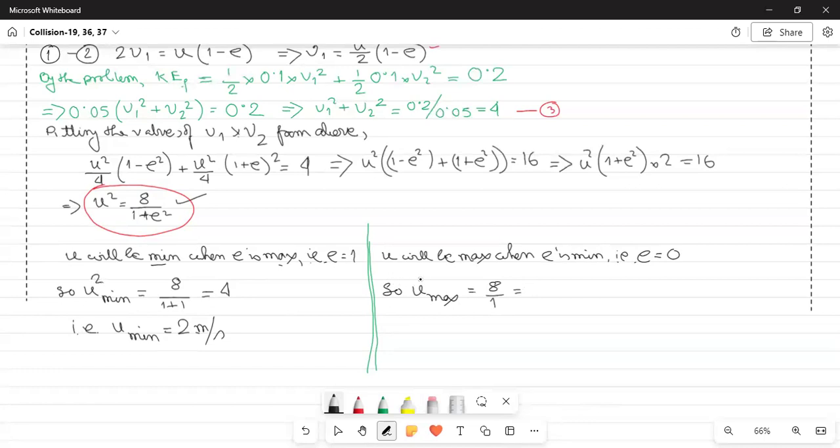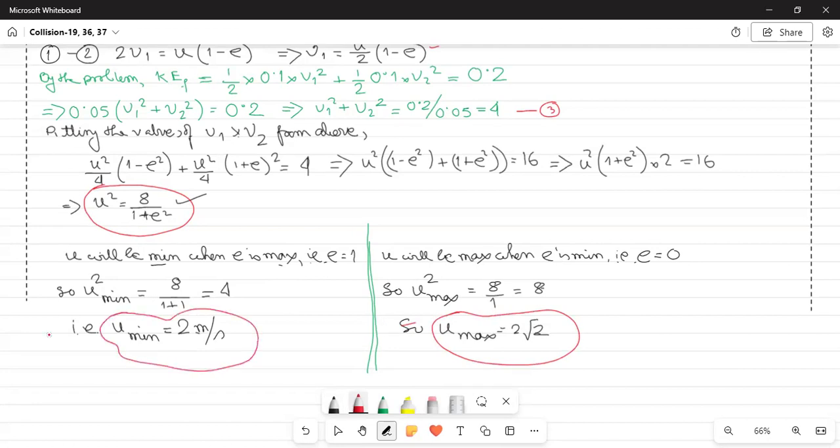There was a square here, I forgot to write. Maximum value of u is 2 root 2, which is approximately 2.8 meter per second, and the minimum value of u is only 2 meter per second. So that's how you solve this problem. Next, we shall take the next problem.